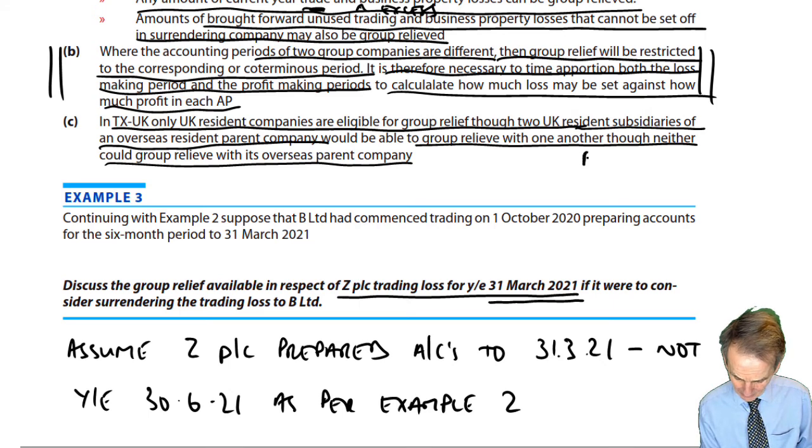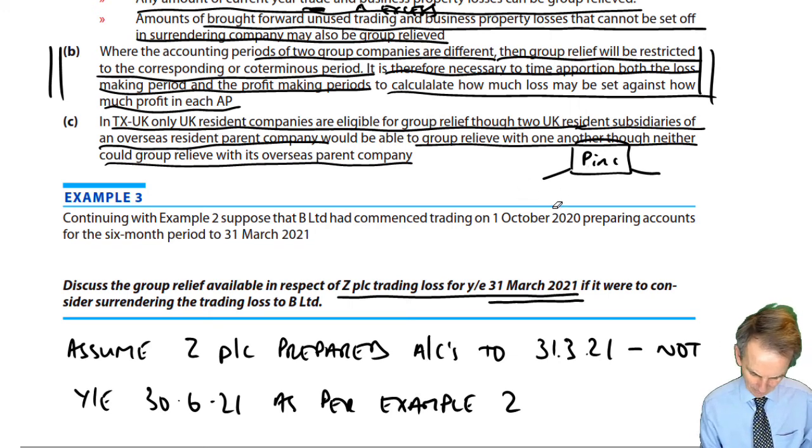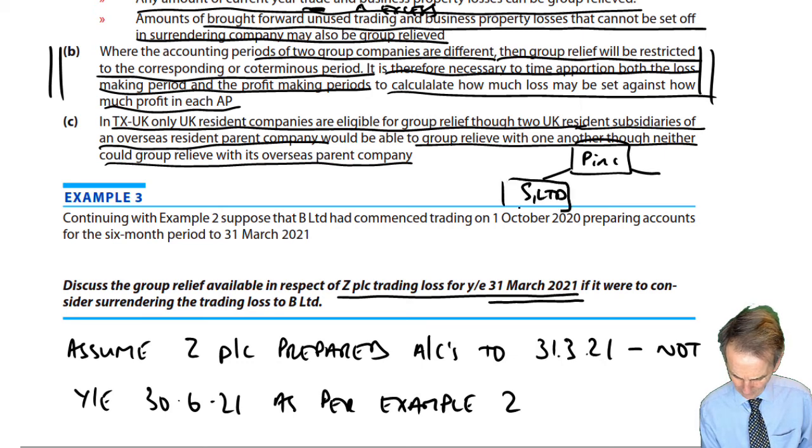So if you had P Inc. incorporated overseas, a non-UK resident company, and then you had S1 Limited, UK resident, S2 Limited, UK resident, and the percentage share ownerships was at least 75.